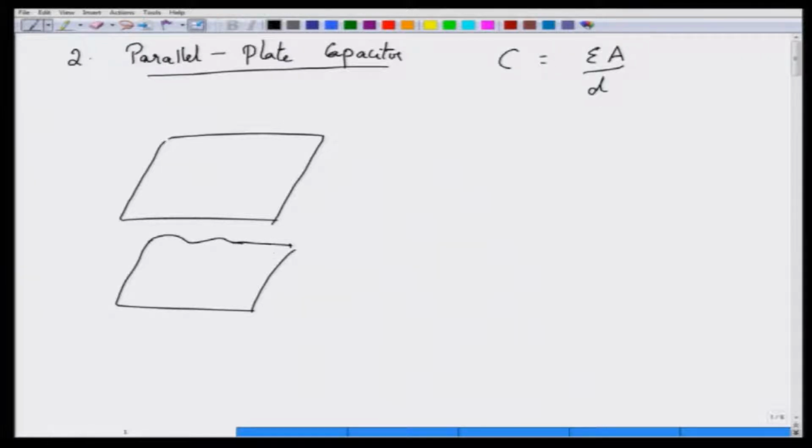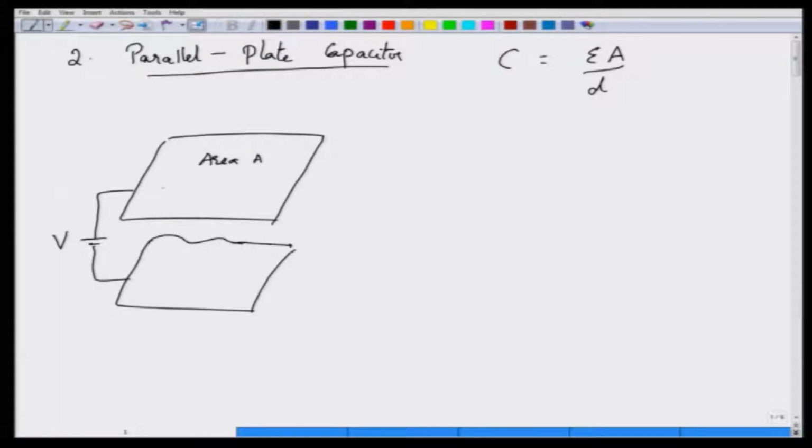Both plates are made of conductors with conductivity sigma, which can be thought of as infinity, and then you apply a potential by a battery connected across the two plates.